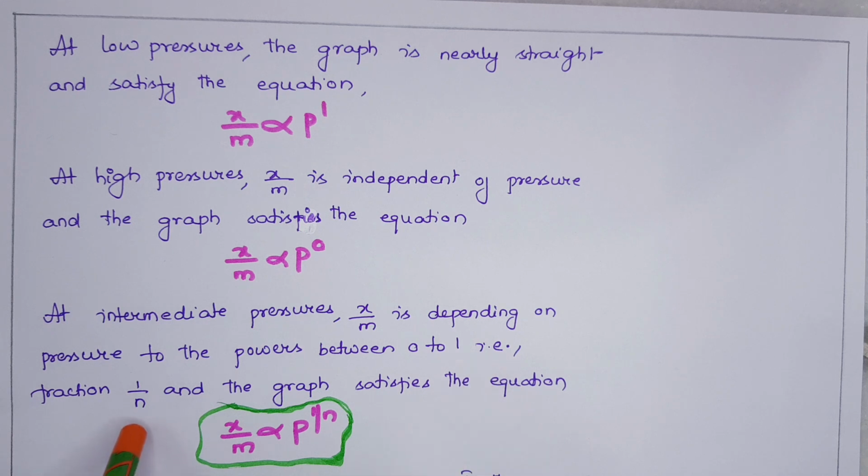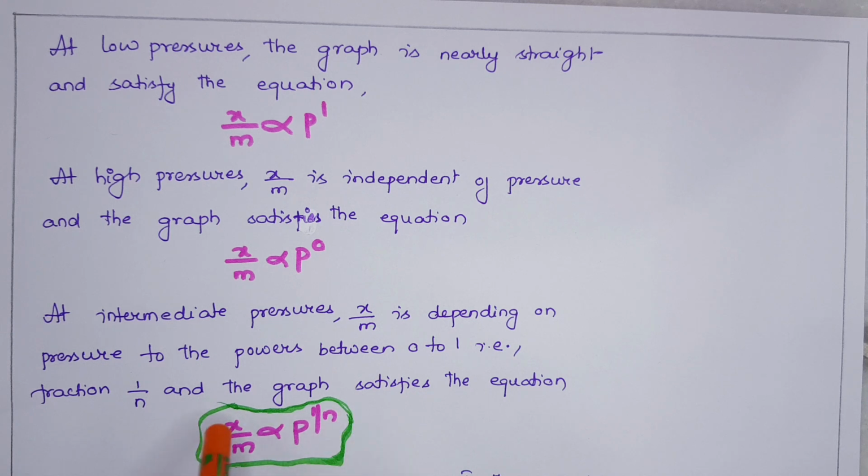That fraction we mention as 1 by n, and the graph at intermediate pressures satisfies the equation x by m proportional to p power 1 by n, where n could be 2 or 3 or 4 or 5, like that. So pressure to the powers 0 to 1, we write as x by m proportional to p power 1 by n, students.